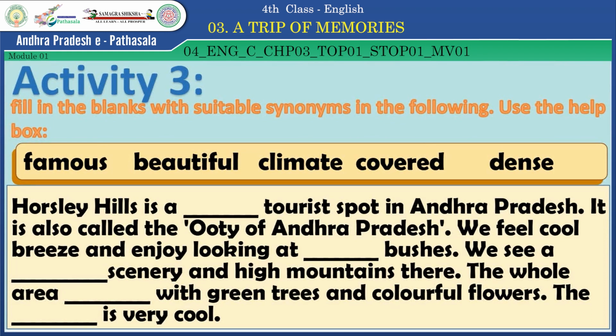It is also called the Ooty of Andhra Pradesh. We feel cool breeze and enjoy looking at dash bushes. We see a dash scenery and high mountains there. The whole area dash with green trees and colorful flowers. The dash is very cool. Here are the answers.